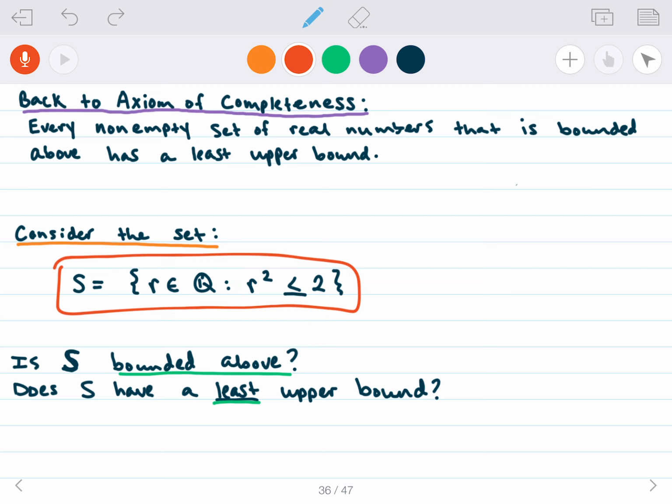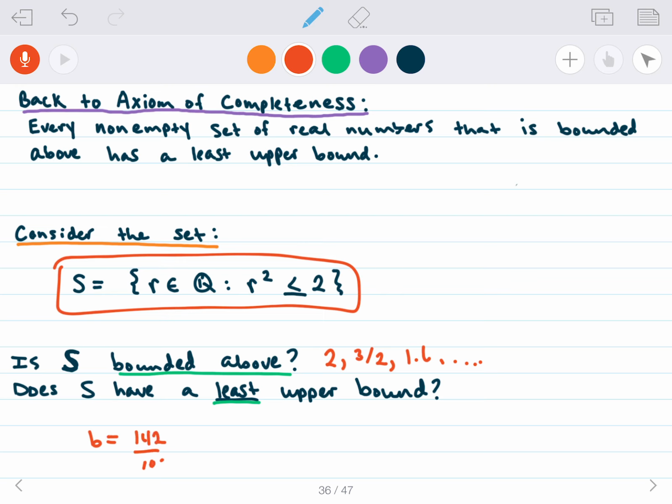And so the question is, is this set bounded above? And you could say yes, it's bounded above by, say, 2, 3/2, 1.6, and so forth. And the question is, does this have a least upper bound in Q? Well, we could say, what about 142/100?